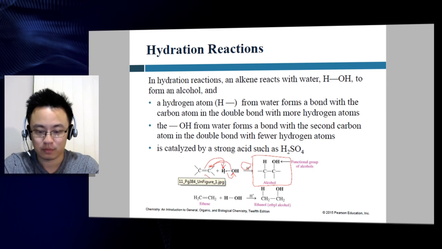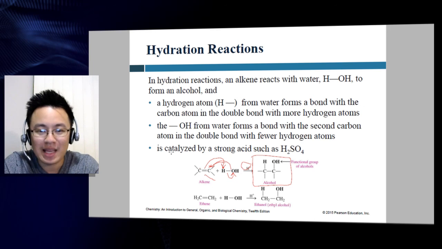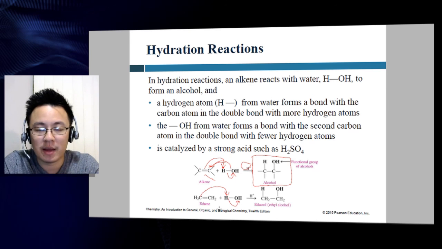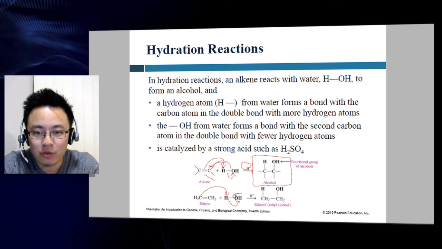Okay. And same thing here with the ethene. The double bond here is going to bind over to the hydrogen atom, therefore dunking these two covalently bonded electrons over to water. Now the hydroxide ion is right over here.